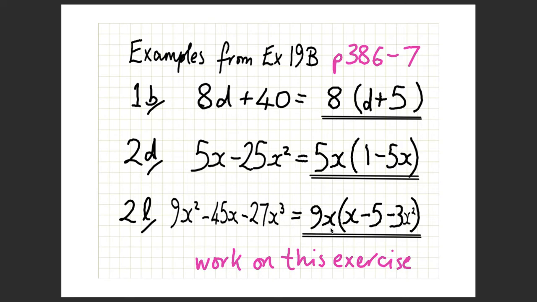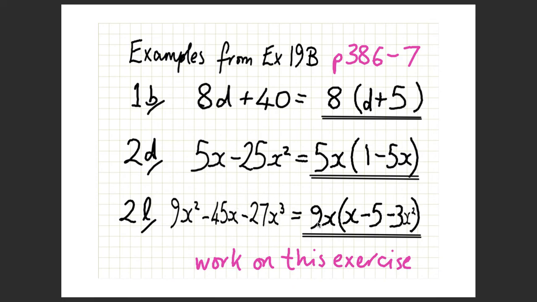9x outside the brackets, I need to multiply it by an x in order to get 9x squared. 9x outside the brackets, I need to multiply it by minus 5 in order to get minus 45x. And then 9x outside the brackets, what do I need to multiply that by in order to get the minus 27x cubed?